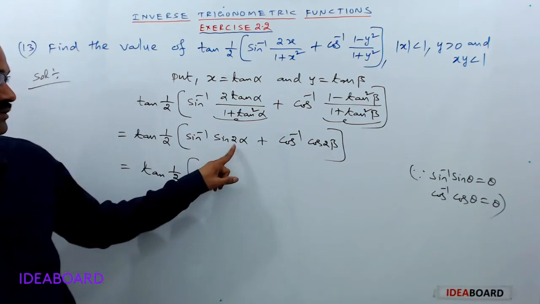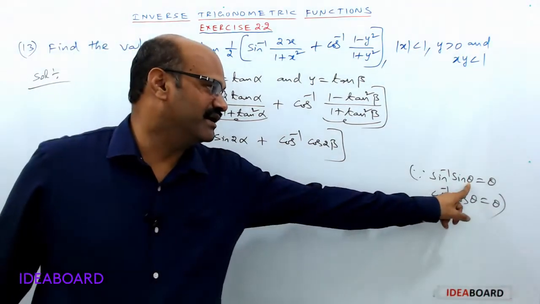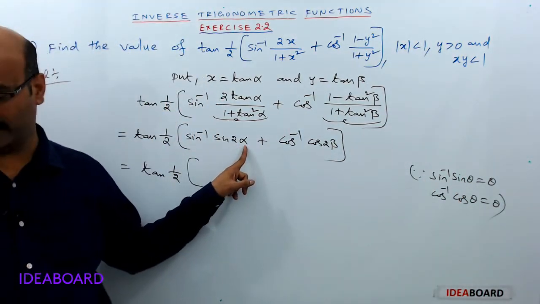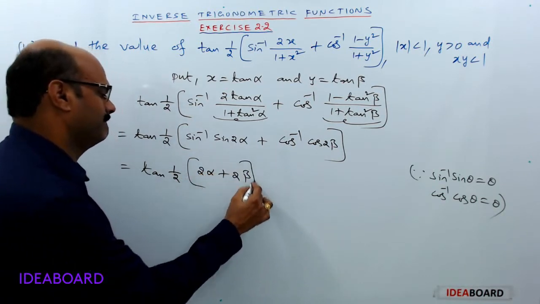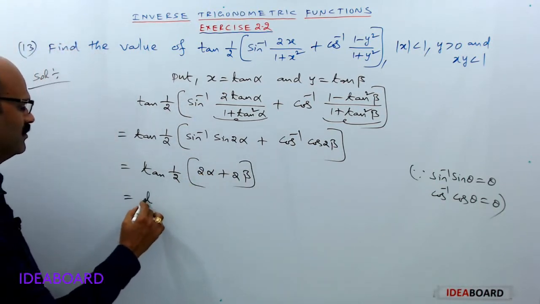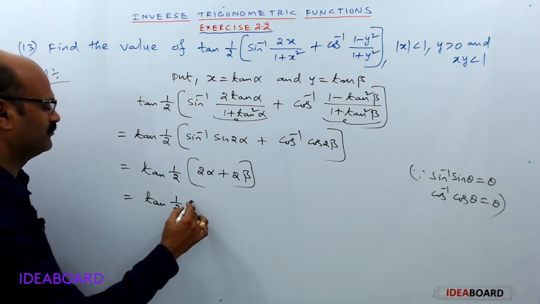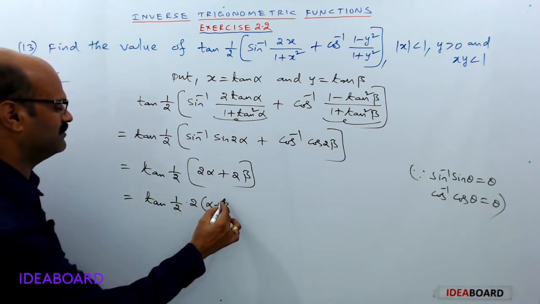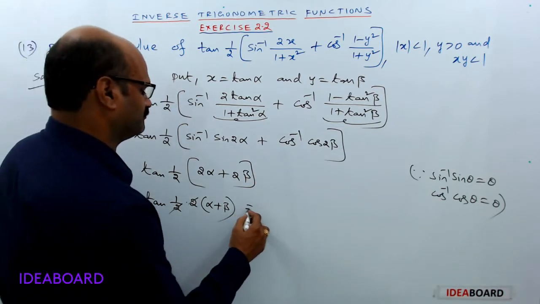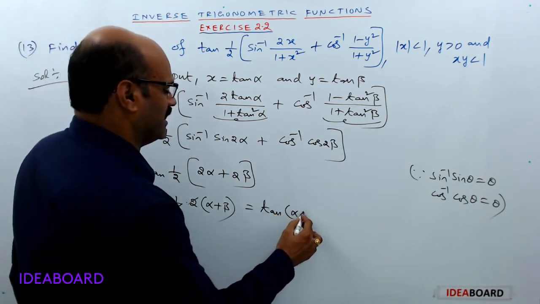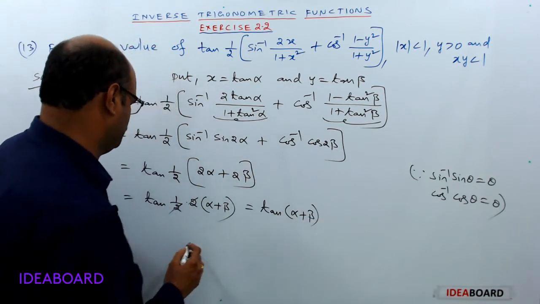So, in the place of theta, we have 2 alpha here. So, 2 alpha plus 2 beta. So, tan of 1 by 2 into 2 into alpha plus beta, 2 to cancel. So, equal to tan of alpha plus beta.